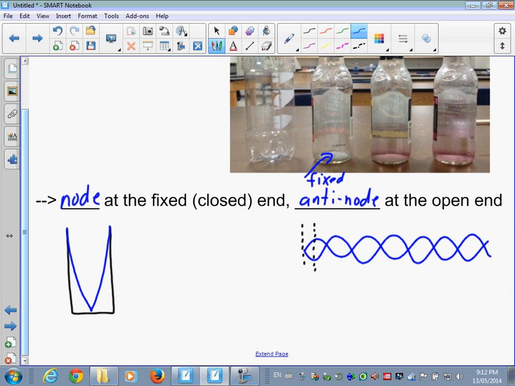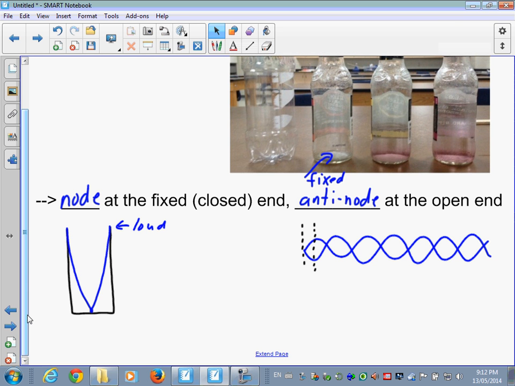So here you get your node, which means that there's no sound right there. But you're still going to get a loud sound up at the top, at least when the frequency is right for that particular length of tube in order to be able to hear it.